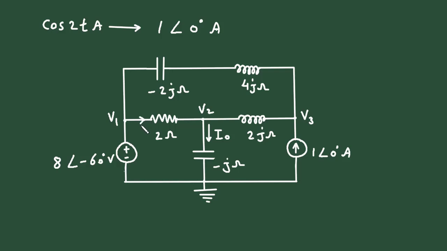So first of all, let's say this is current I1, this is current I2, this is current I3. Now here we can see the value of V1 is equal to 8 at an angle minus 60 degree volt. So here we can write V1 is equal to 8 at an angle minus 60 degree volt.